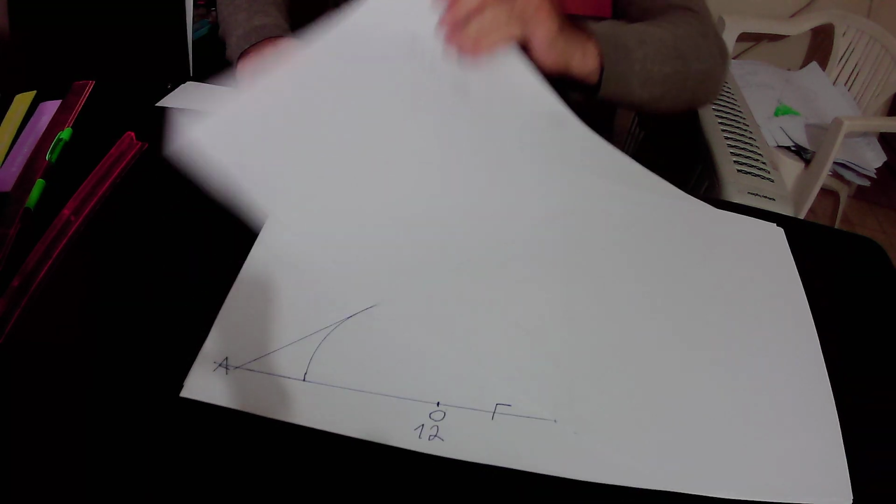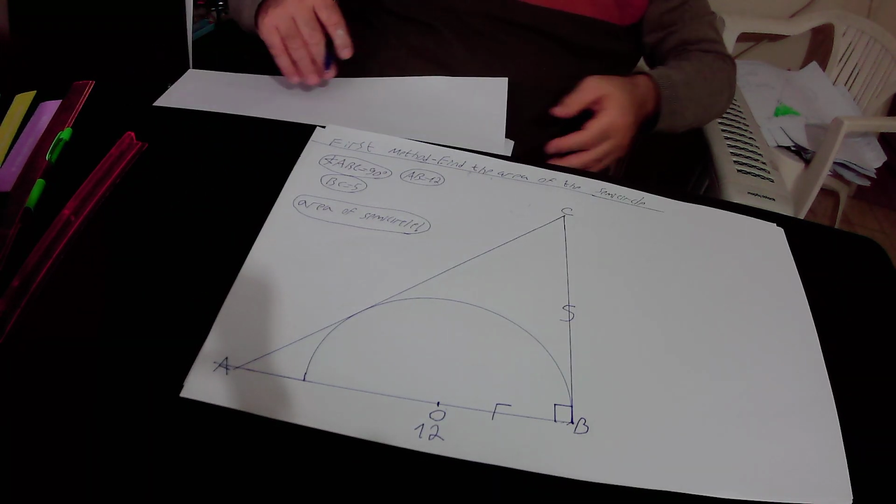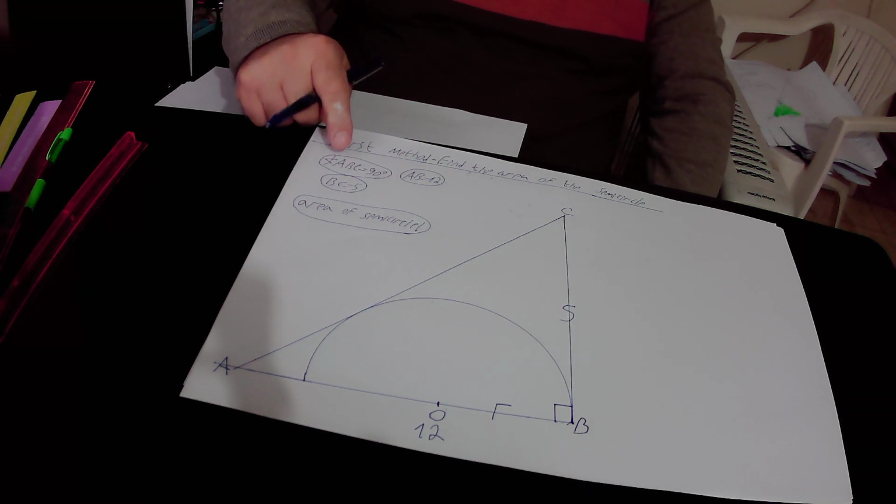So we know that AB equals 12 units. It is given to us in the question.